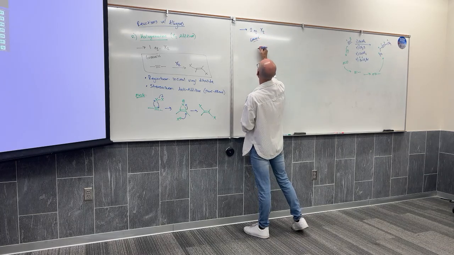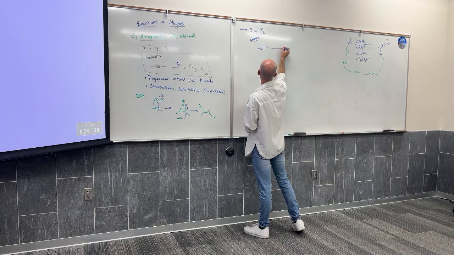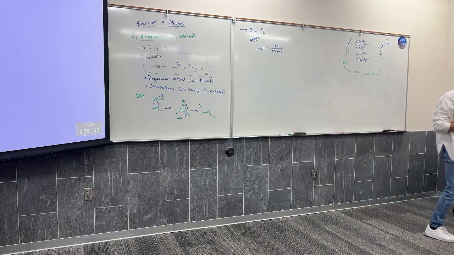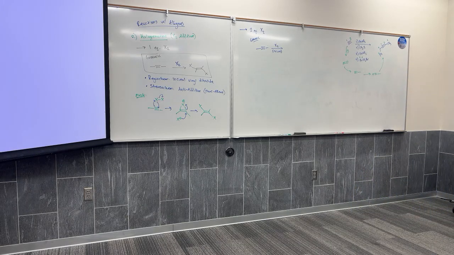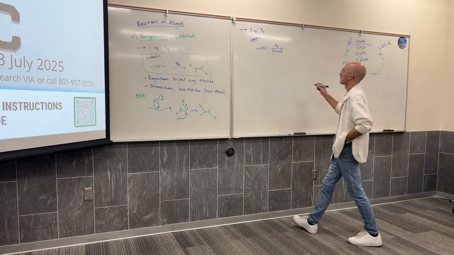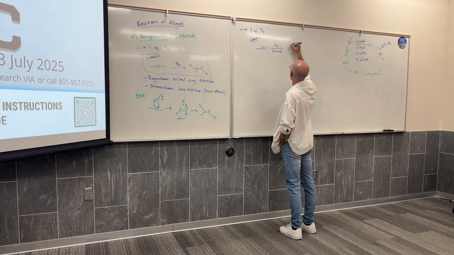All right, we need to see what happens though if we have an excess amount of X2, if we have two equivalences or more. We should predict that first, this vicinal vinyl dihalide forms, which is just an alkene, and then the alkene reacts in the way that we would expect with the second equivalence, and it does halogenation.